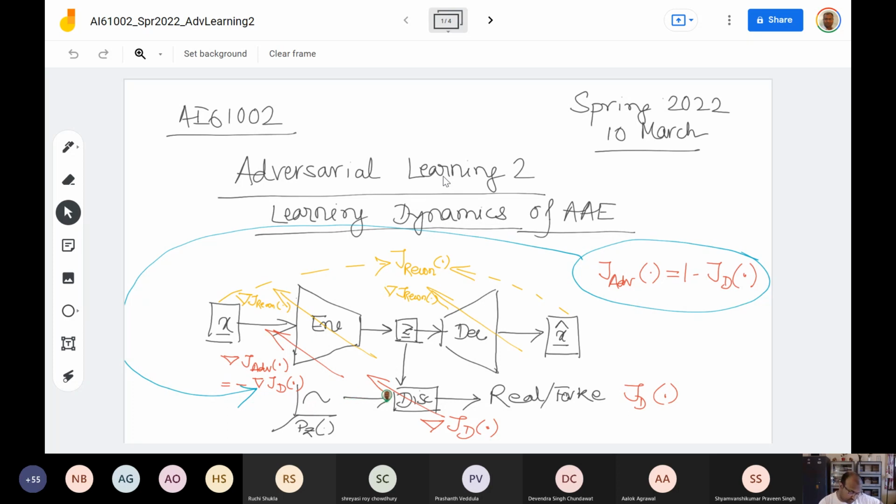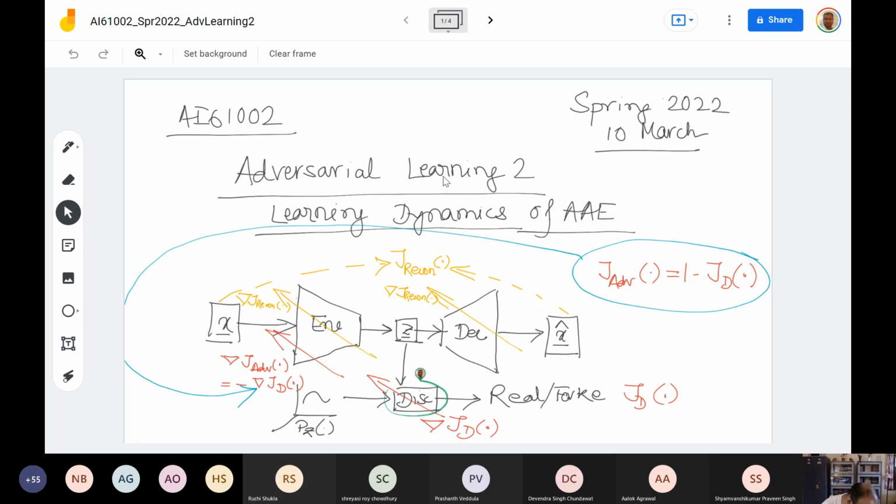This can be a 1D distribution, meaning only one random value comes out from the distribution model, or it can be a random vector. If Z is a vector or a tensor in general, then this is a generalized tensor distribution model, and if I draw a random sample, I will get a random tensor value which comes over here. That comes to my discriminator.